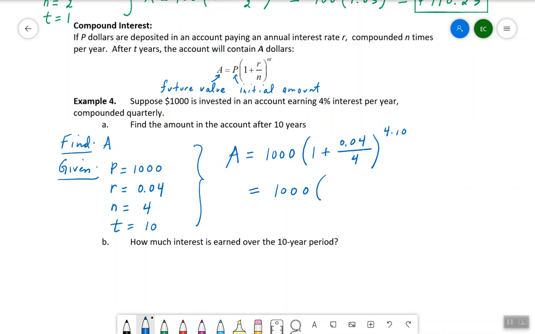So 0.04 divided by 4 is 0.01, plus 1 is 1.01, and then the new exponent is 40. So raise 1.01 to the 40th power, and then multiply by 1,000, and you should come up with $1,488.86. And what we're doing here is we're rounding to the nearest penny. So that's 2 decimal places.